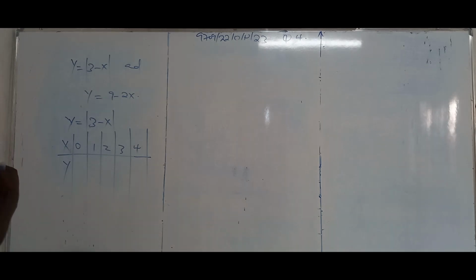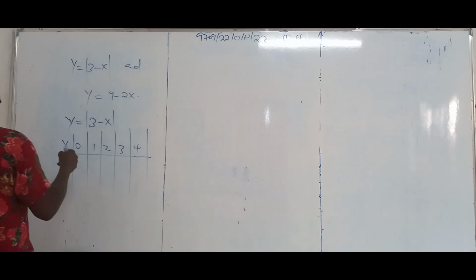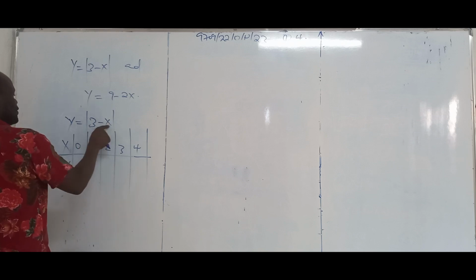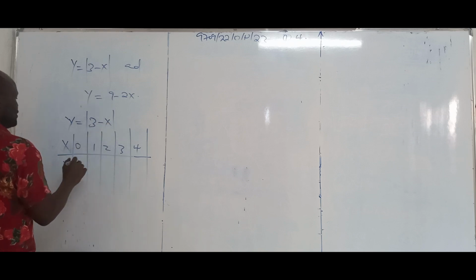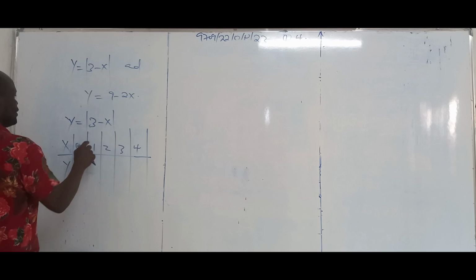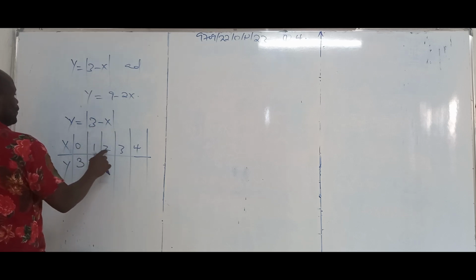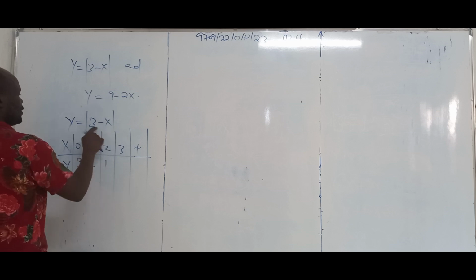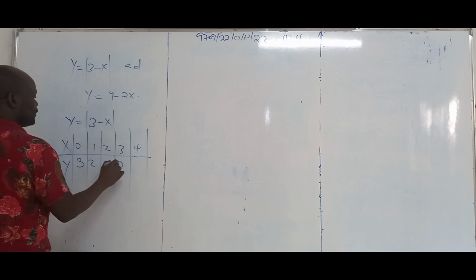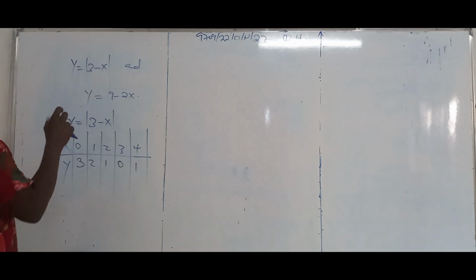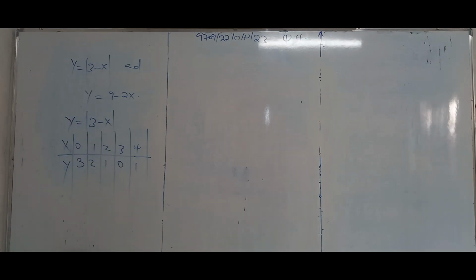So if I take this case, when x is 0, 3 minus 0 is 3, so y will be 3. When x is 1, this is 2. When x is 2, this is 1. When it's 3, this is 0. When it's 4, this is minus 1, which is still 1, because we are strictly considering the positive values.